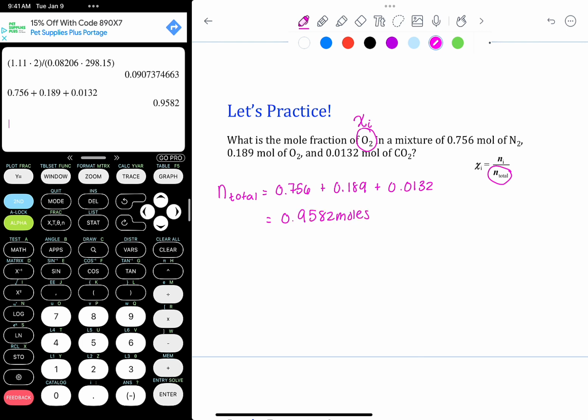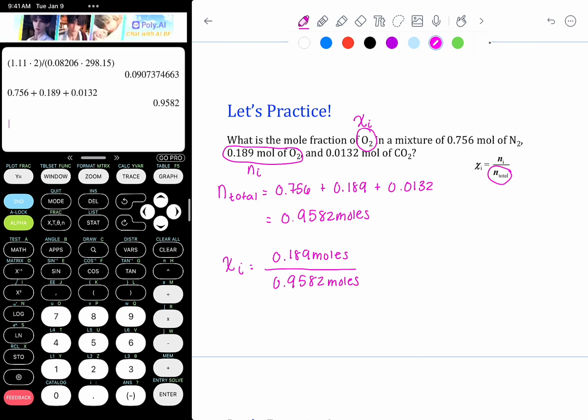If we want to find the mole fraction of specifically oxygen, we need to take the N sub I of oxygen, which is this guy, which I'll now label correctly with N sub I, and we want to find the chi from there. So chi is equal to N sub I, 0.189 moles, divided by N total, 0.9582 moles.